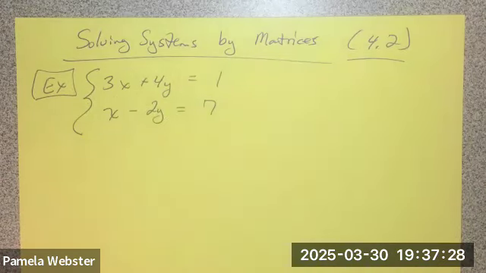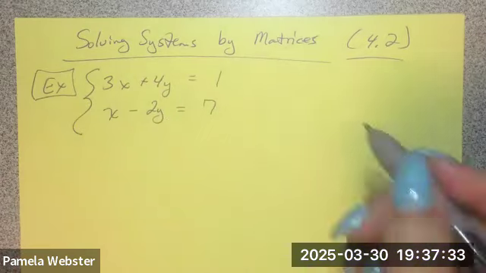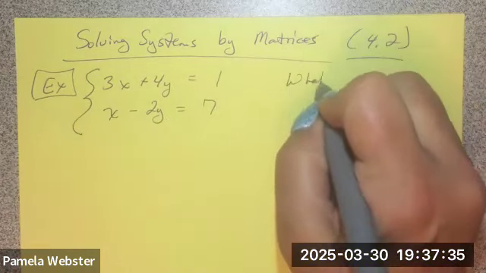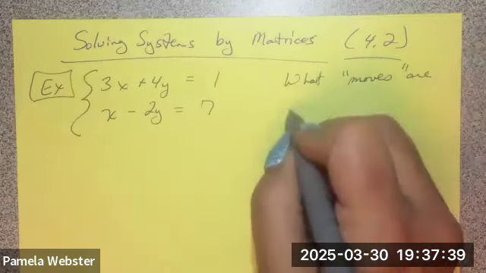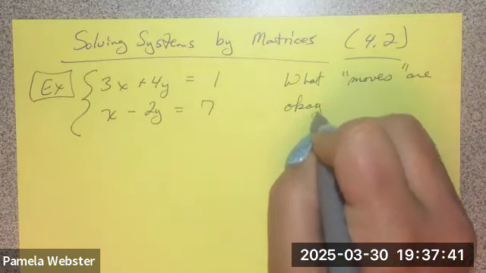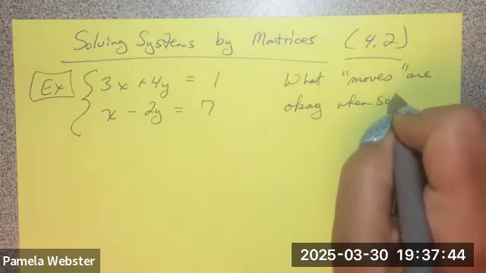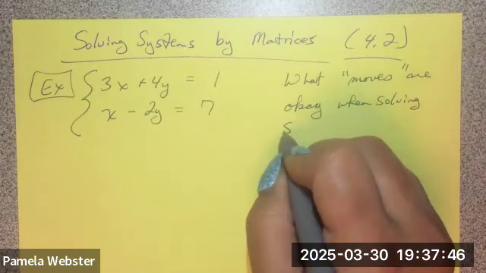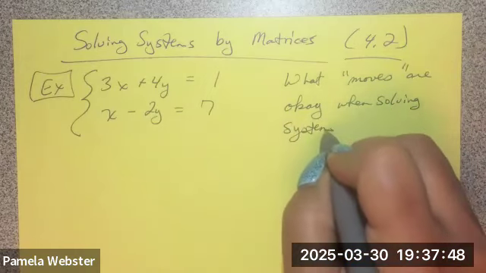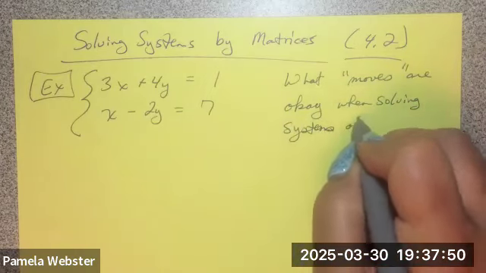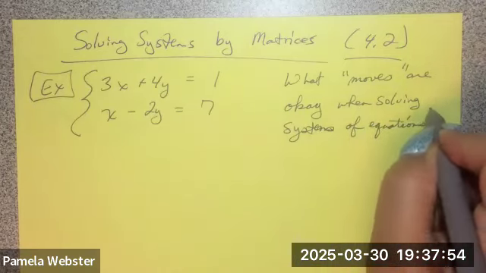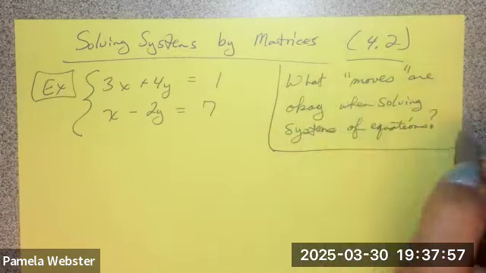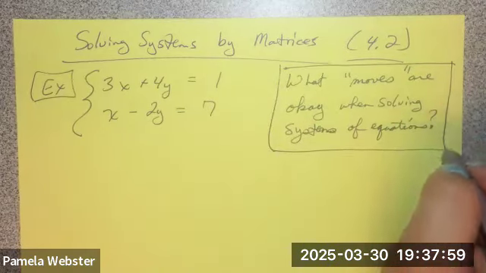What I want us to concentrate on for just a minute is what moves, I'll call it a move, are okay when solving systems of equations. In particular, we're going to focus in on elimination, because that's the one that I use most of the time.